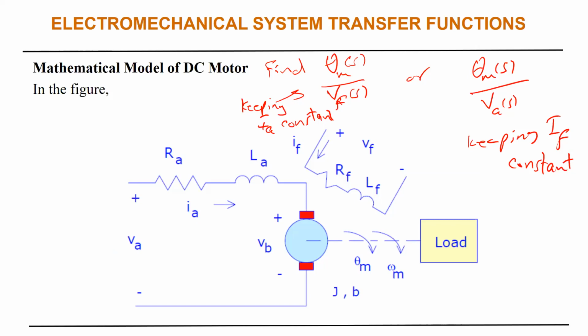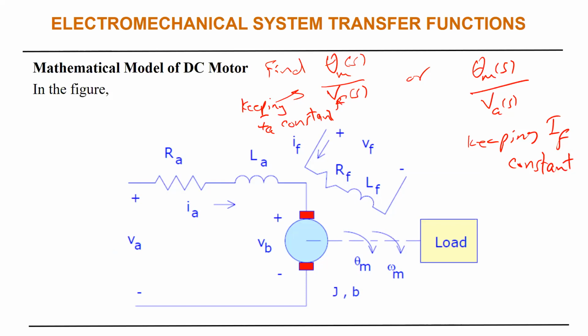Here, we don't vary VF or IA and IF simultaneously. If we do that, we could get a model, we could get theta in terms of both of them. However, the model is going to be nonlinear, and we cannot find a transfer function. So one at a time. Any question?